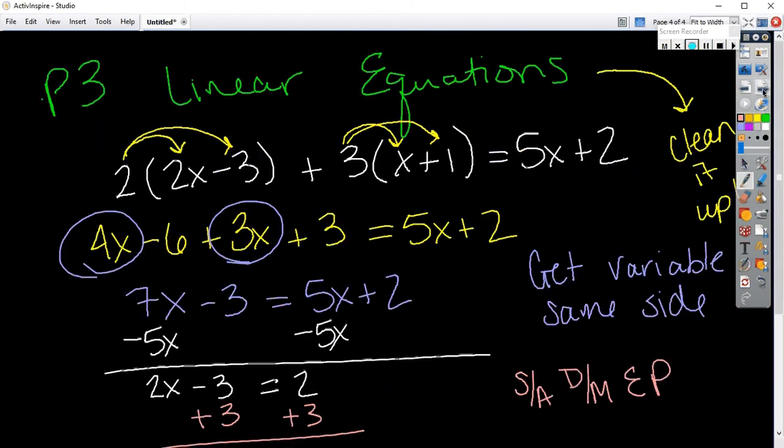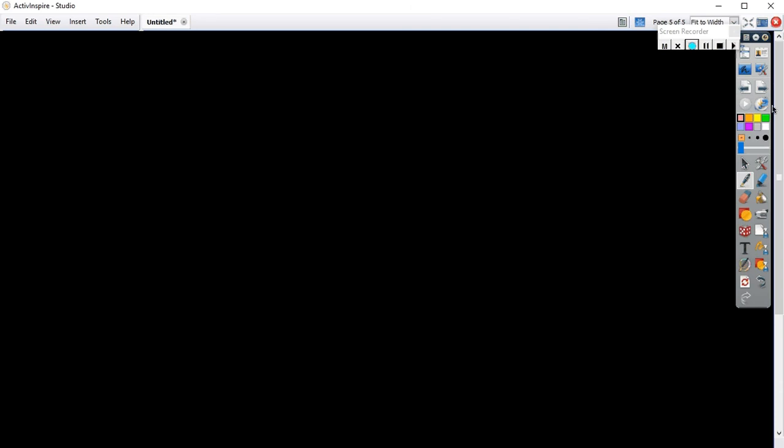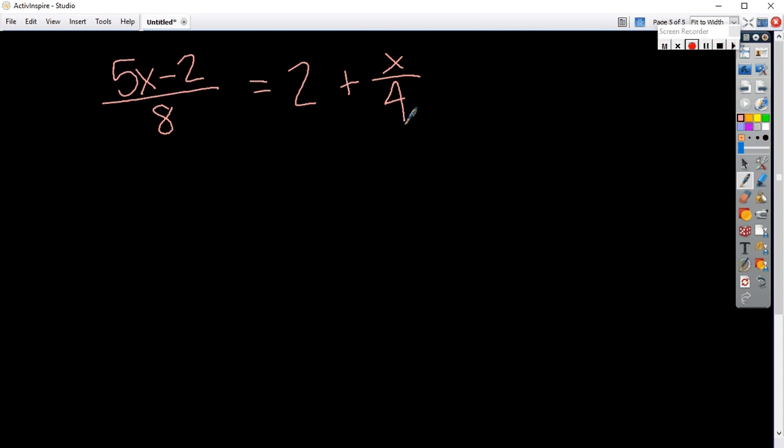What happens if my equation looks something like this? How might I solve that? What's the first problem you notice?